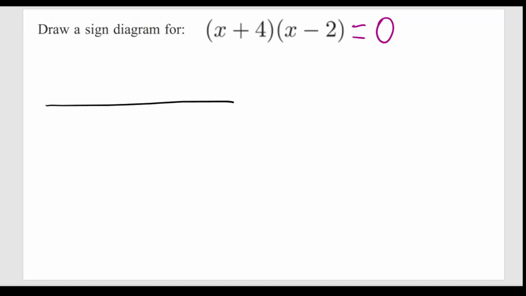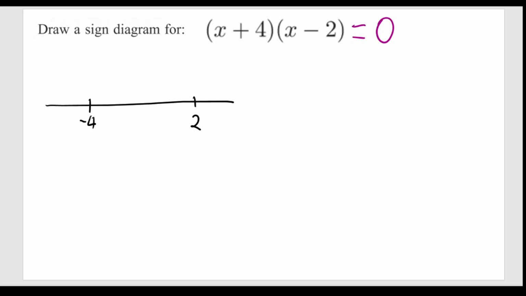Because if this whole function is equal to 0, then either of these brackets being equal to 0 will satisfy that. One at -4. Then in our second set of brackets, it would be at x is equal to 2.